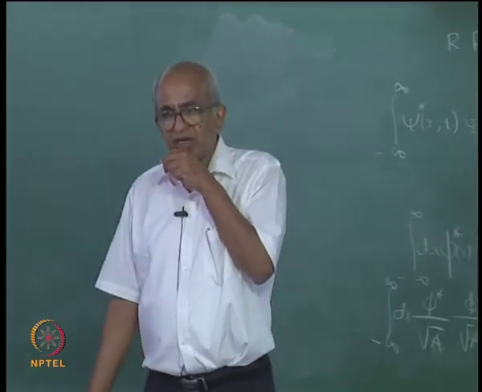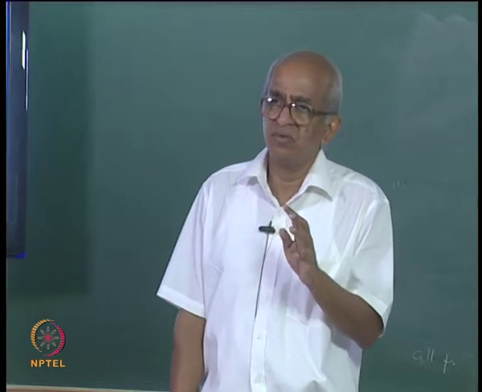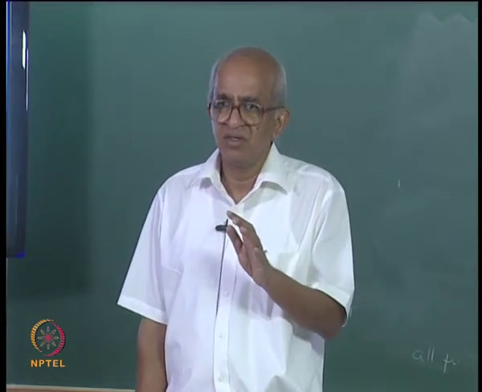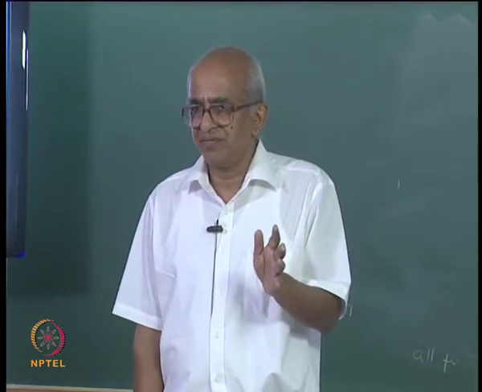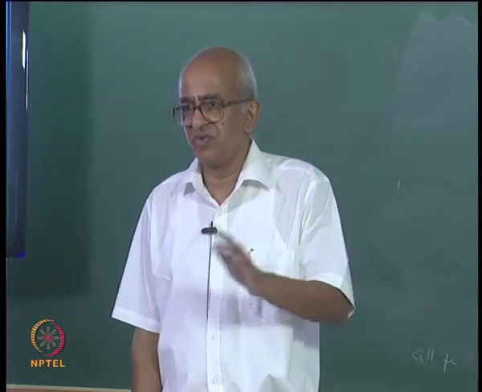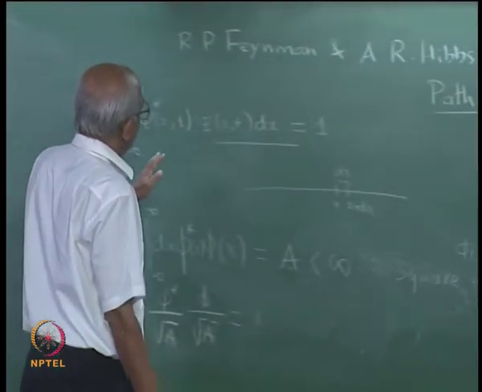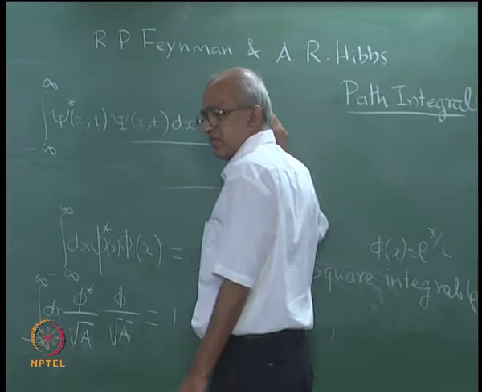So, you can carry out this process of normalization only if the function is square integrable. Only if a is less than infinity can you carry out the process of normalization. Therefore, we will not impose this condition. It is not really necessary.